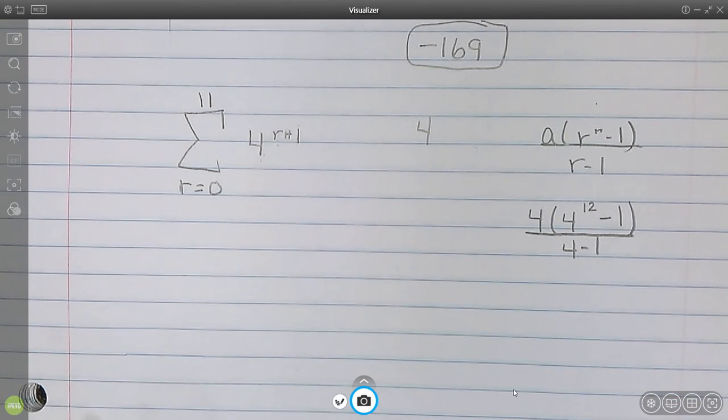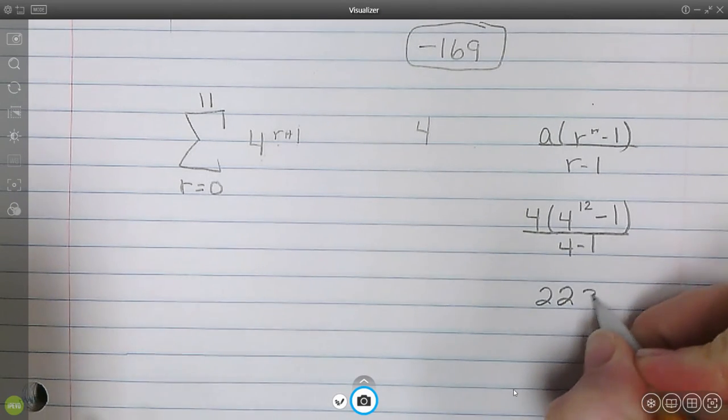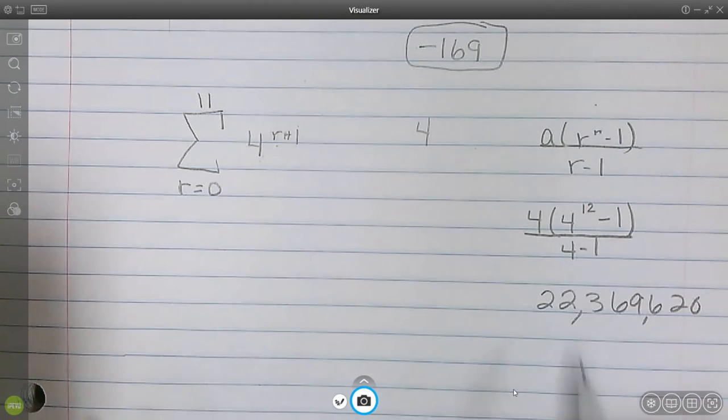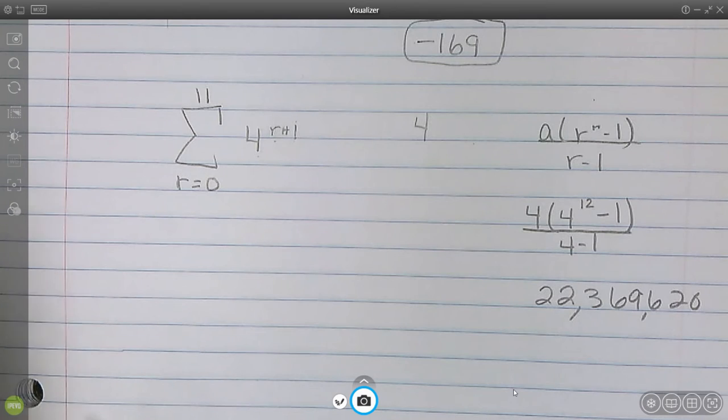If you type that into your calculator, you get 4 to the power of 12, a giant number: 22,369,620.